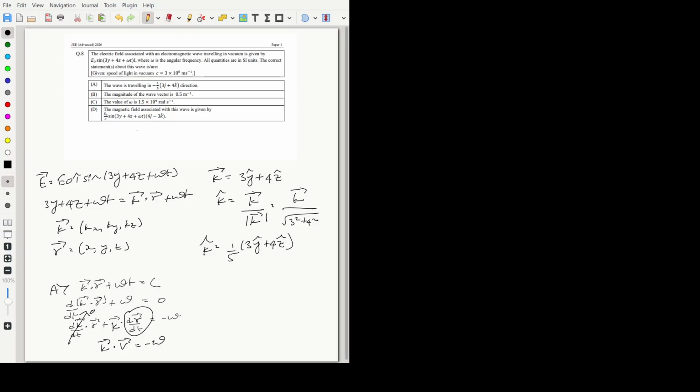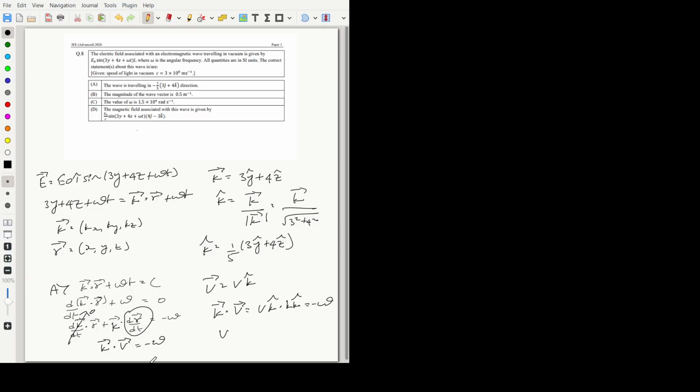What I mean is v is some v in the k direction. So my k dot v ends up giving me v times k hat dot k hat, which is the magnitude.